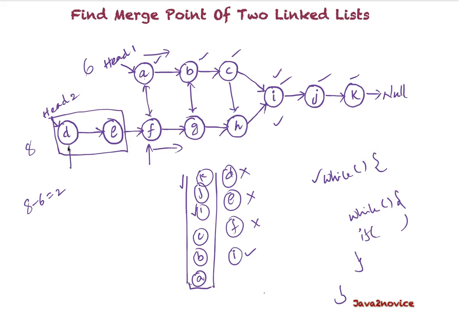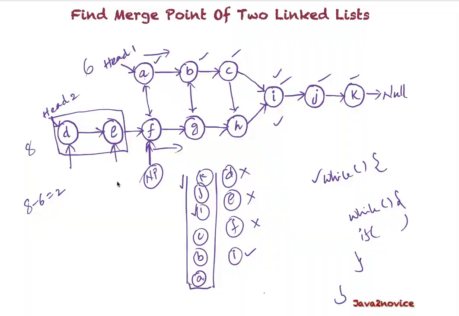Initially the node pointer will be here. We move 1 and 2, and the node pointer will point here. Then we'll apply the same logic. Remember that the initial movement of the node pointer by X nodes must happen on the longest linked list.